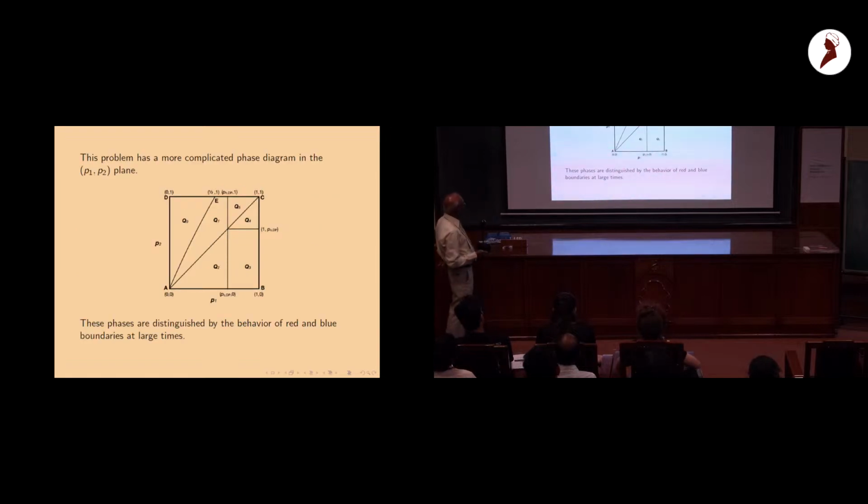And this problem has a more complicated phase diagram in the p1, p2 plane. You see all these different structures. So this is p1, this is p2, and I have drawn lots of lines in between. So what are these lines? If you go to one of these regions and you look at the large time cluster, it has one qualitative shape and behavior which I can describe in words.